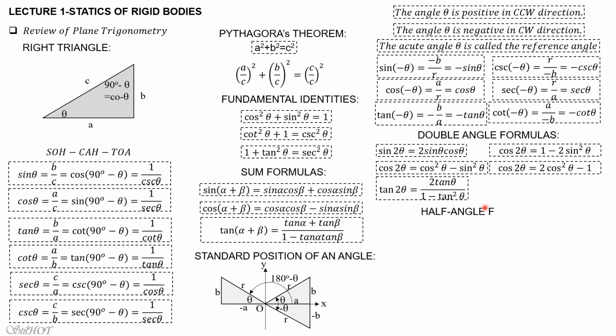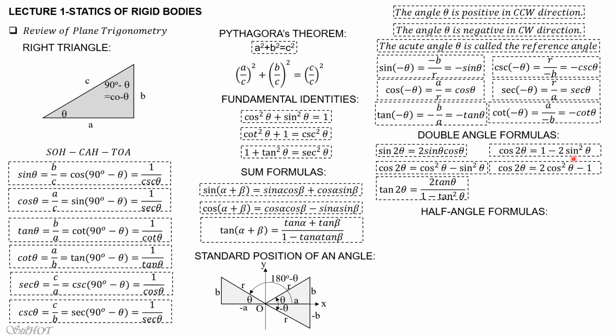Next, we have the half angle formulas. So these half angle formulas will be derived from this double angle formula. So we simply replace theta here by half. So this becomes theta over 2, and this is 2 times theta over 2, so this becomes cosine of theta.